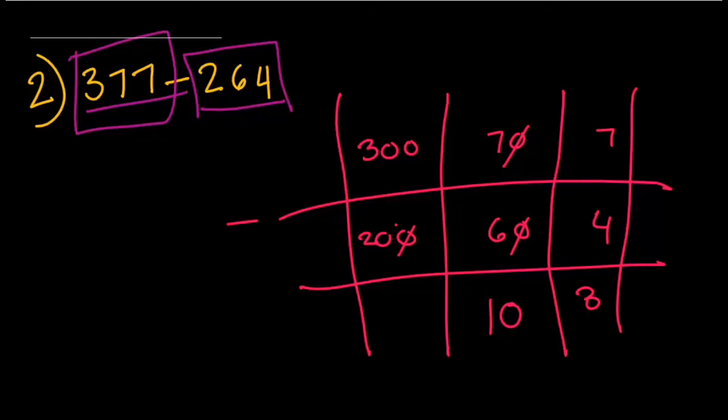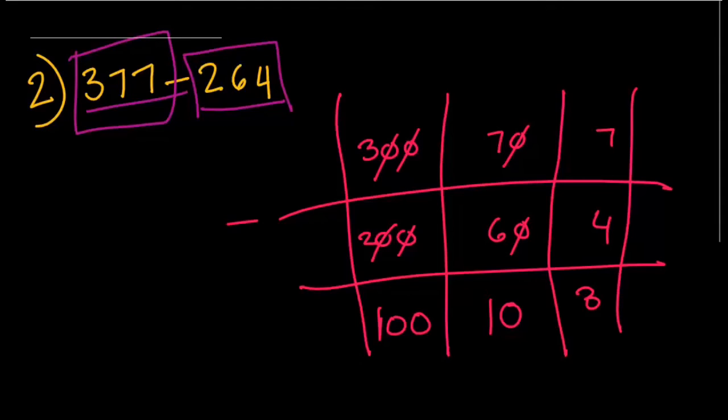Again, cross off the zeros. And then 3 minus 2 is equal to 1. But again, the zeros that we crossed off earlier, these two zeros, they come back in right here. And it makes this 100.